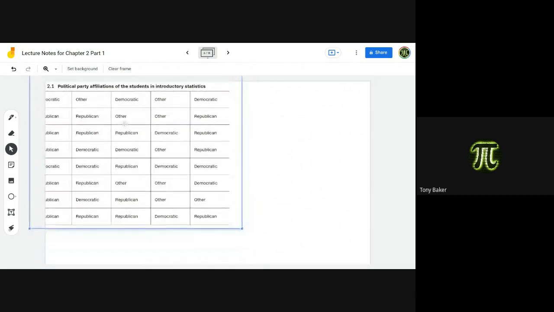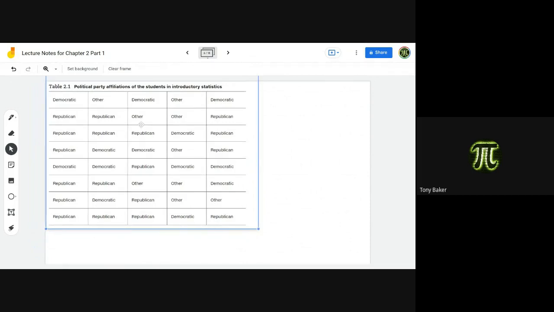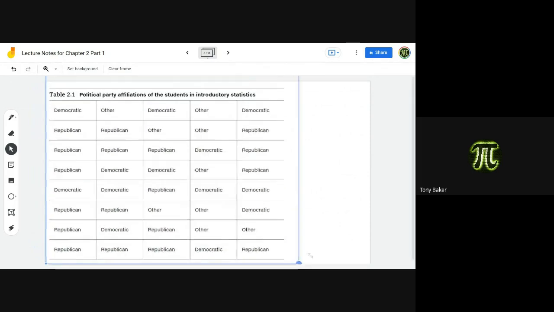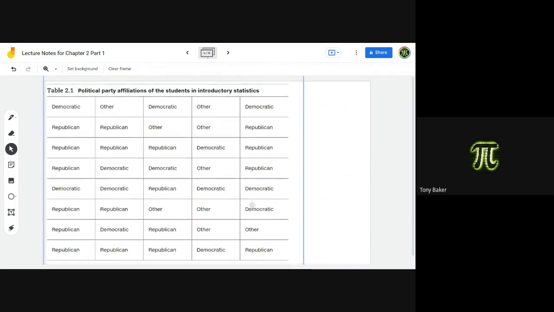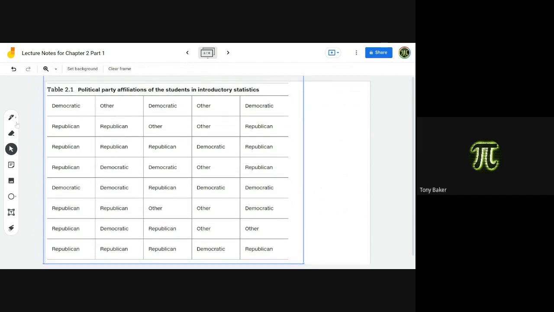So the first question I have, I'll make this a little bigger: what type of data is this? This is qualitative. Anytime you have words, most likely it's going to be qualitative. It's kind of a pretty dead giveaway.